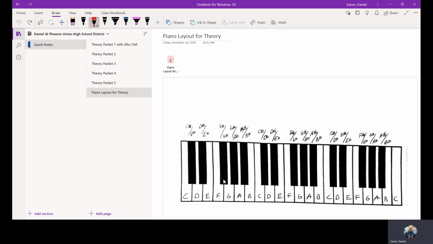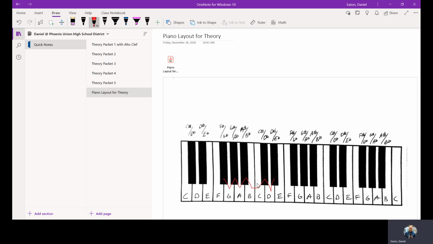So F sharp to G sharp, I have to skip over something to get to this tone, so that is a whole step. Same thing here, that is another whole step. Now I need to jump from here to here. That would be a half step, this would be a whole step, so that's a step and a half. So this one's going to be a 1.5, and then from here to here, again, it's just another whole step.